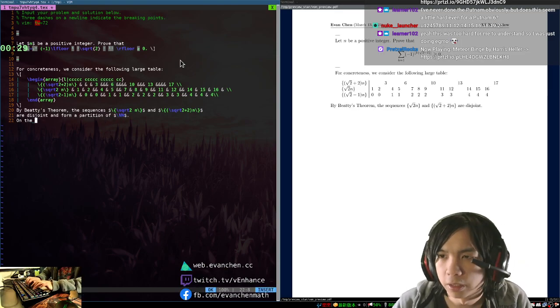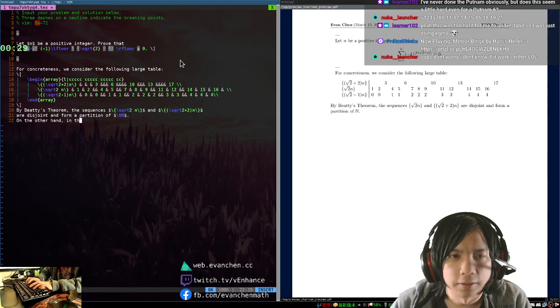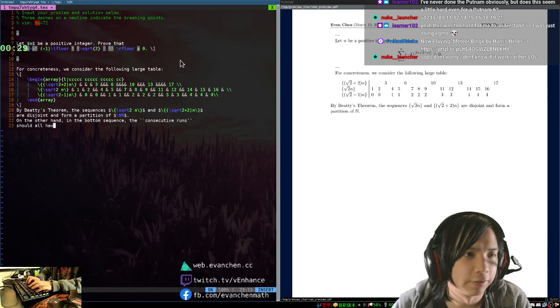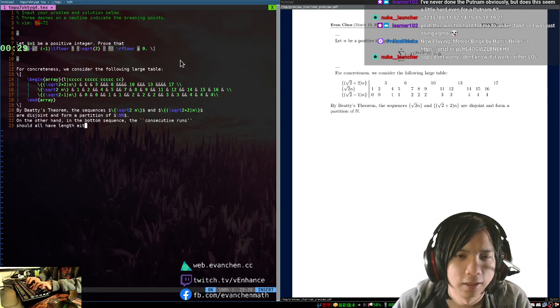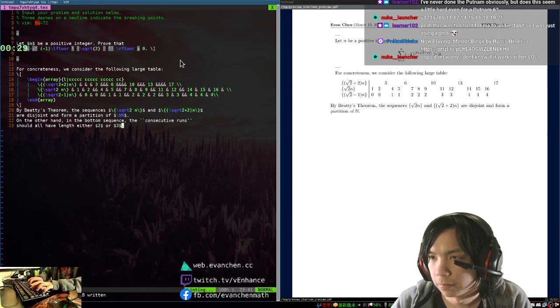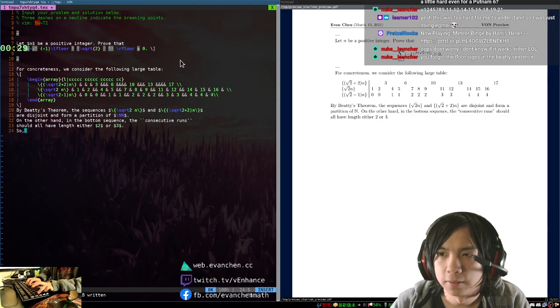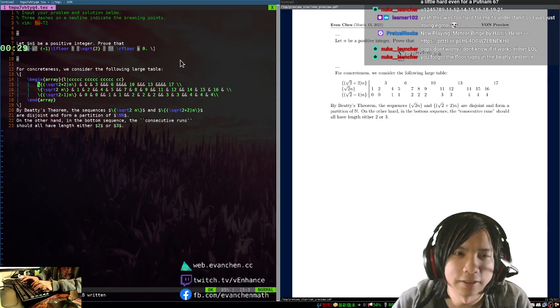On the other hand, in the bottom sequence, the consecutive runs should all have length either 2 or 3. So, let's give these sequences names.